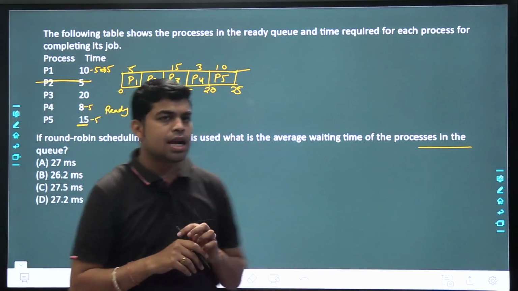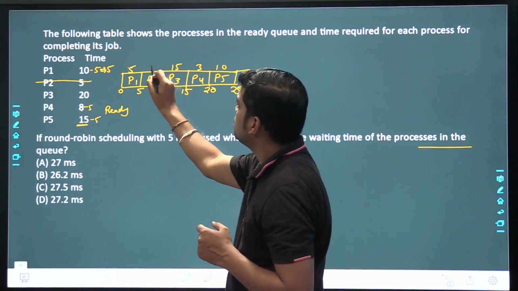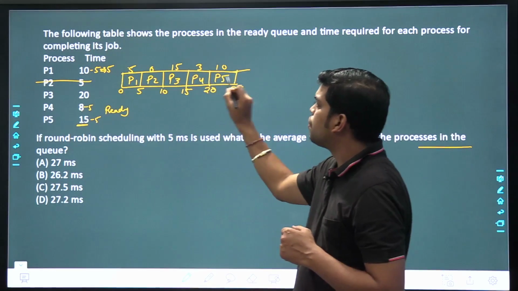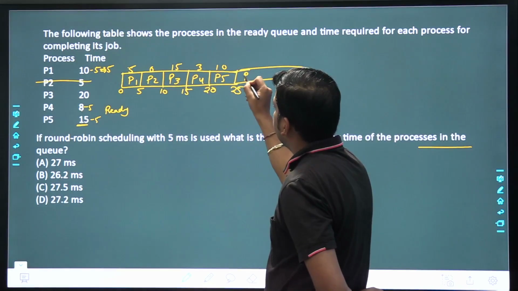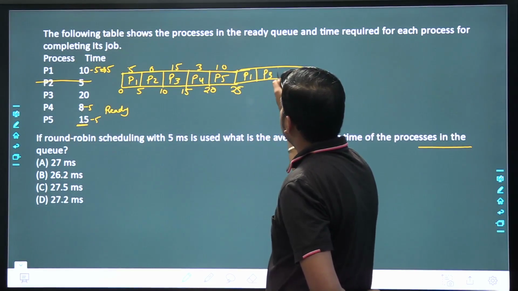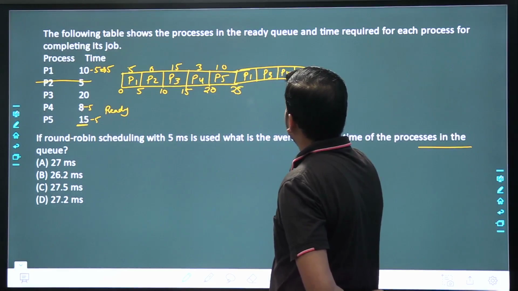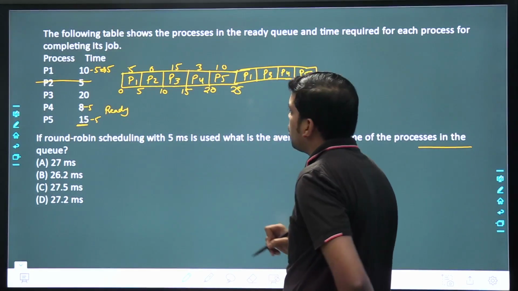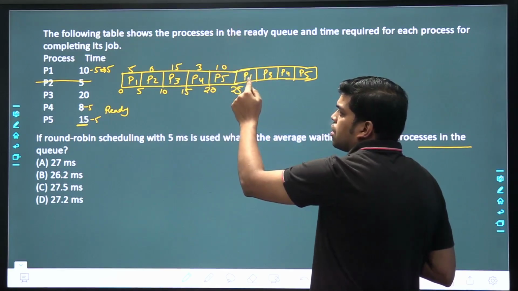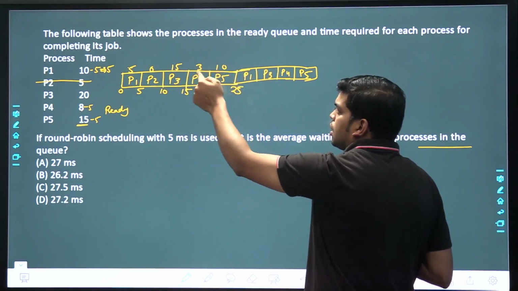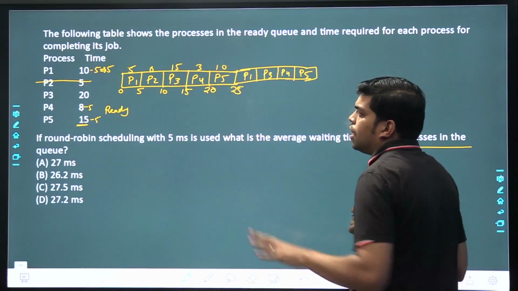So, here we can say that P2 is completely finished. Now P1, P3, P4 and P5 remain. So, we again put them in this order: P1, P3, P4 and P5. That is the way to write it. Because P1 executed first, definitely P1's turn comes again next, then P3, then P4 and P5, because P2 is completely finished.